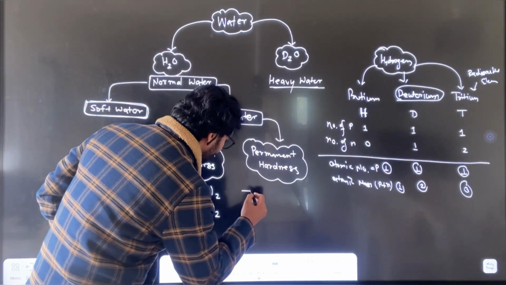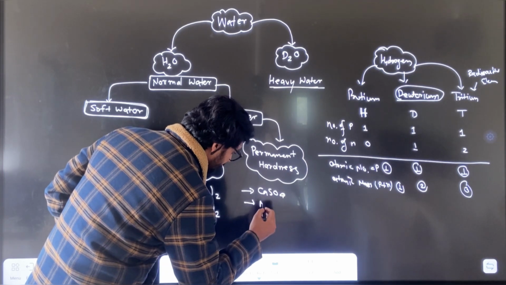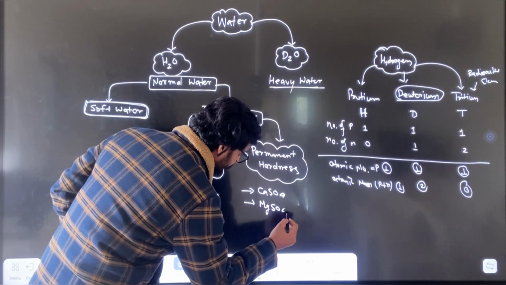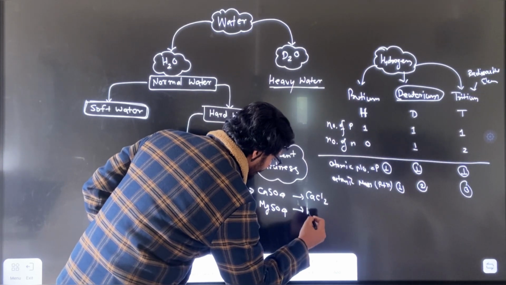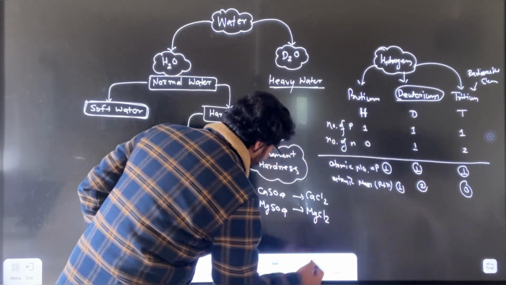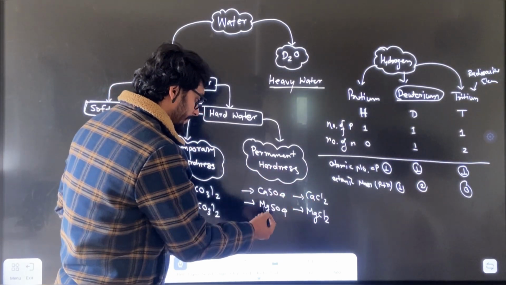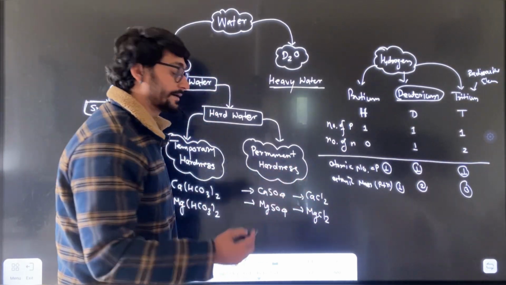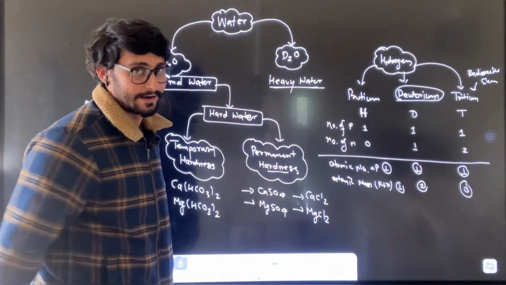But if salts like calcium sulfate, magnesium sulfate, calcium chloride and magnesium chloride are dissolved in water, then the hardness is known as permanent hardness, right?